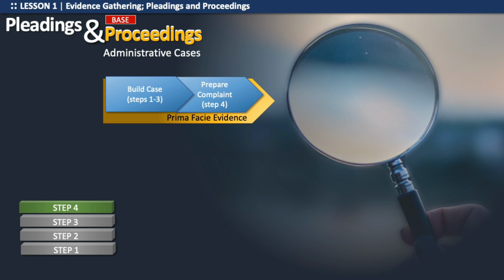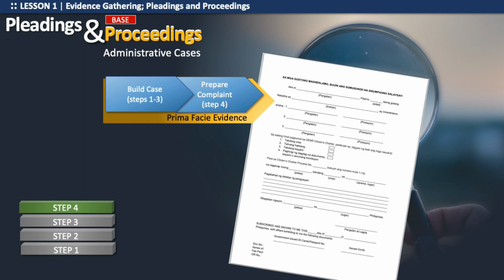They may differ slightly, but for the most part, they will contain the same essential elements. Okay, so what I have here is one that I got from the Mines and Geosciences Bureau of DENR.